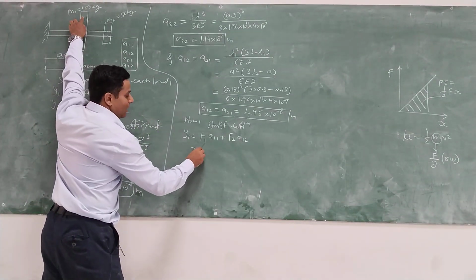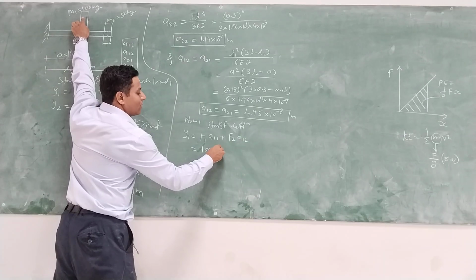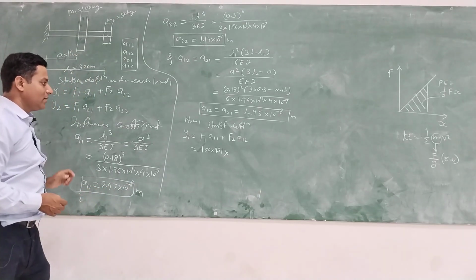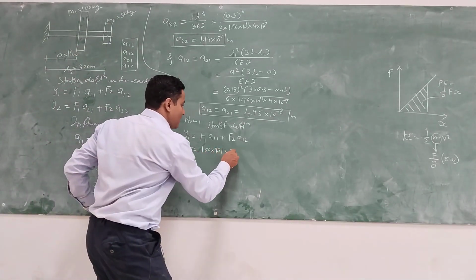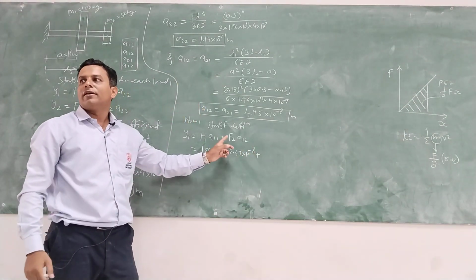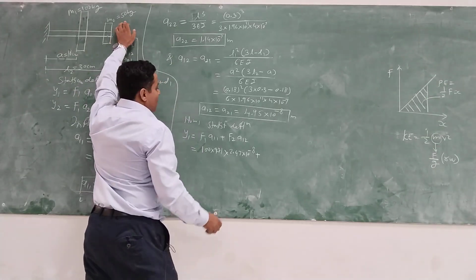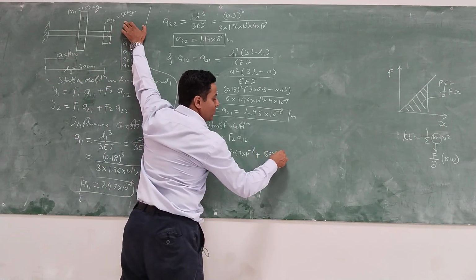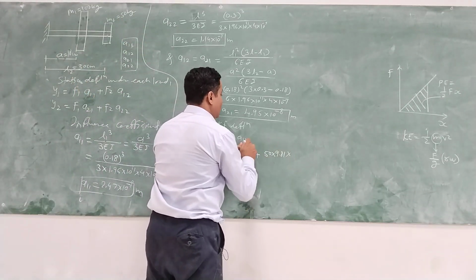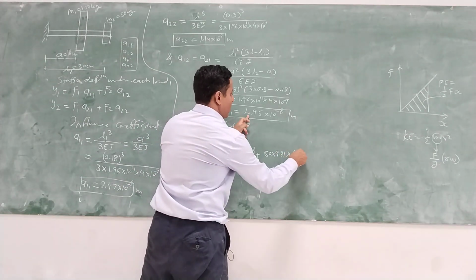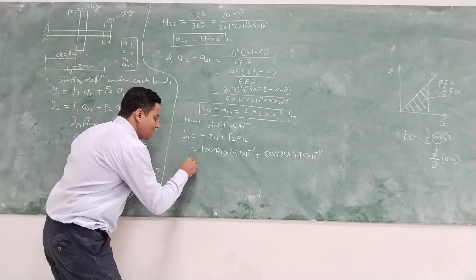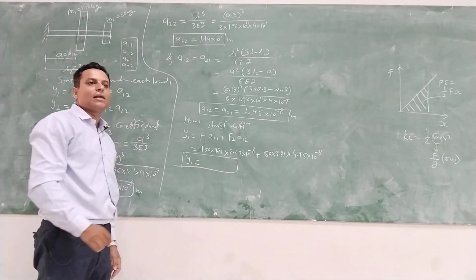So 100 into 9.81 into A11, A11 is 2.47 into 10 raised to minus 8 plus F2, force 2, mass is 50, convert into Newton, 50 into 9.81, F2 into A12, A12 is 4.95 into 10 raised to minus 8. If you solve this one, you will get deflection under load 1.